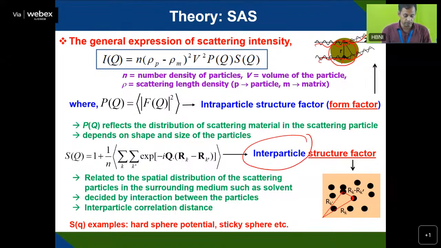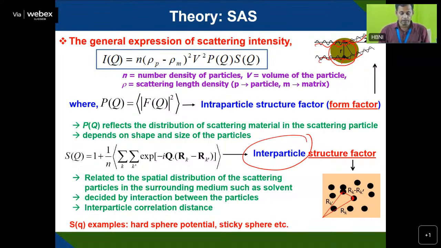S(Q) can be found from this equation and is related to the spatial distribution of the scattering particles in the surrounding medium, such as solvent. So it is decided by the interaction between the particles and the interparticle correlation distance. That defines whether P(Q) or S(Q) is dominant, and in what case.